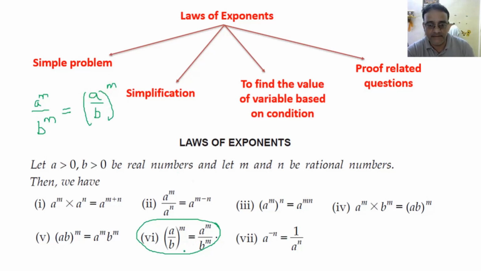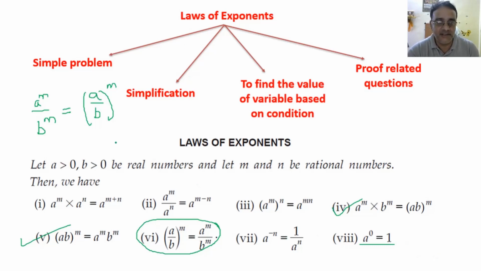Okay, it is the reverse, just as we wrote this one earlier. And the last one is a to the power 0. The value of a to the power 0 is 1. Okay, these are the laws which we are going to use in these different types of questions.